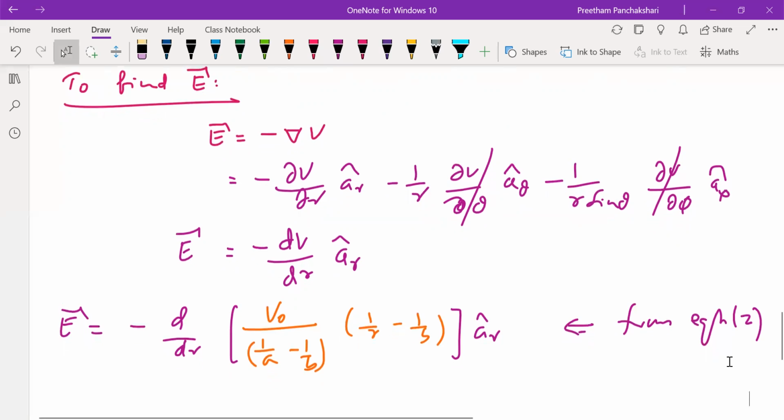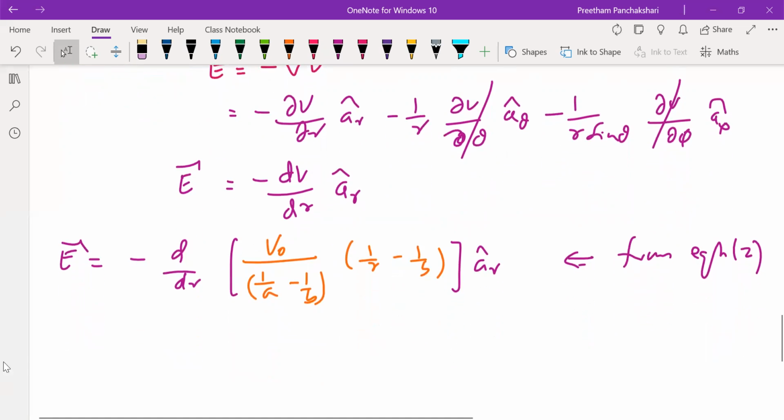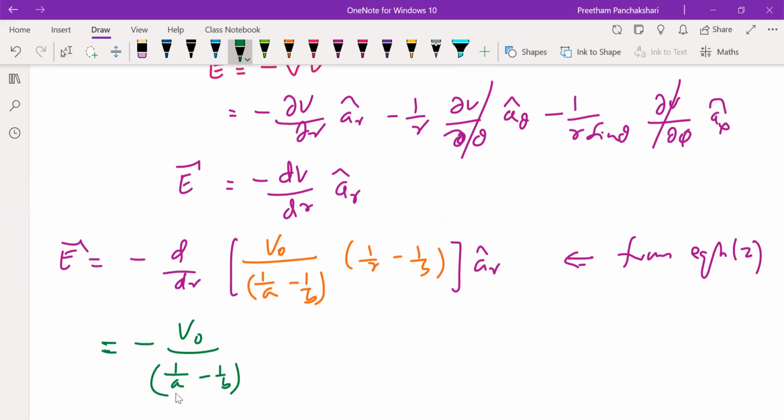Now it's time to differentiate with respect to R. First, identify the constant terms. They are V naught divided by 1 by A minus 1 by B. A, B, V naught are all constant.